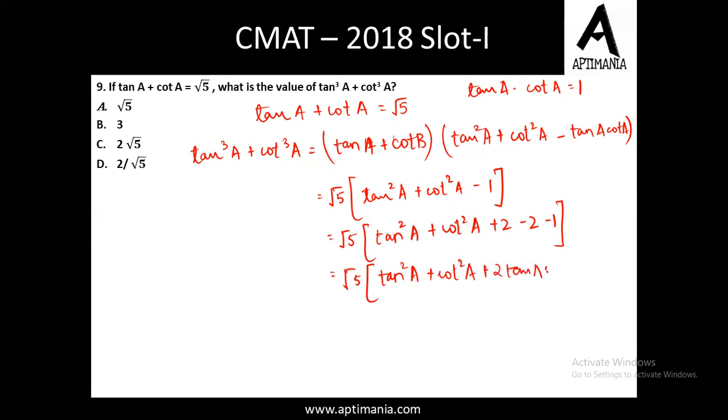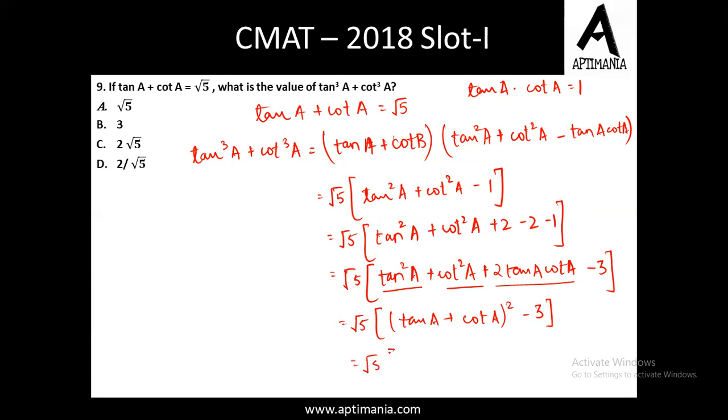Since tan a into cot a equals 1, I can multiply it by simply tan a cot a, and this will be minus 3. This tan square a plus cot square a plus 2 tan a cot a will form an expression of tan a plus cot a whole square minus 3.